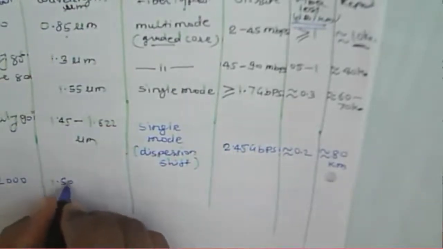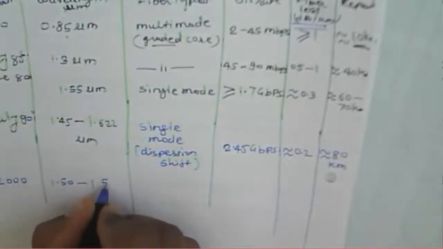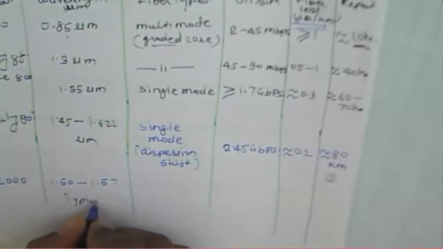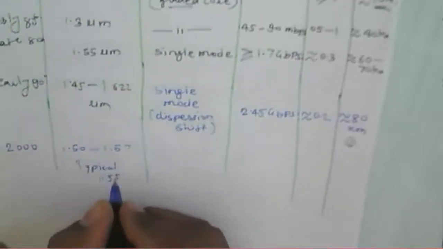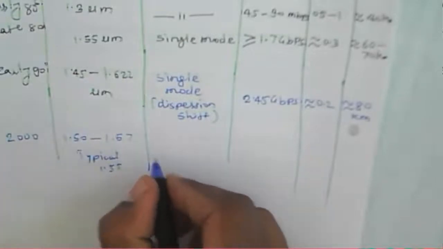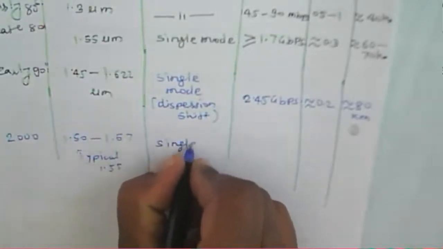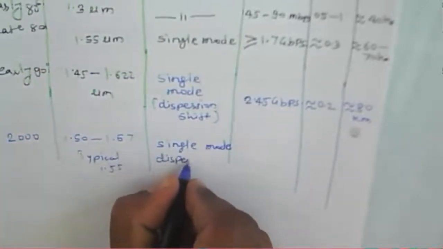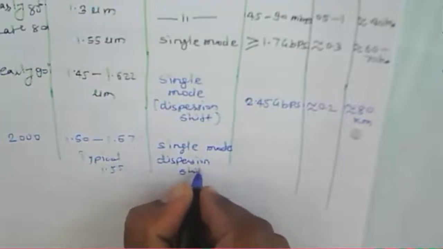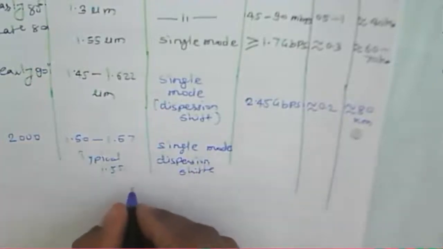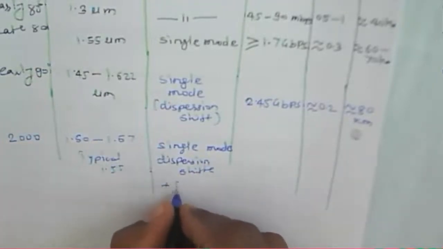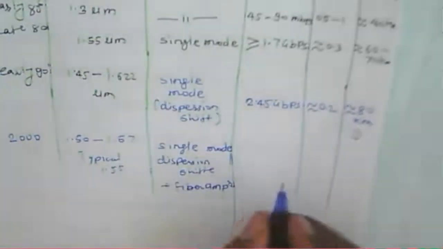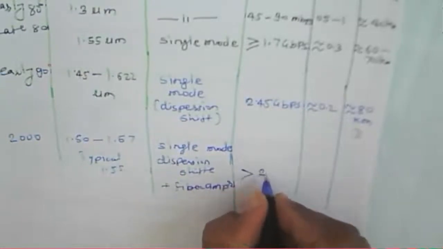Then in 2000, people used typically 1.5 to 1.57, or typical 1.55 micrometer. They used a single mode, dispersion shifted fiber, along with a fiber amplifier.